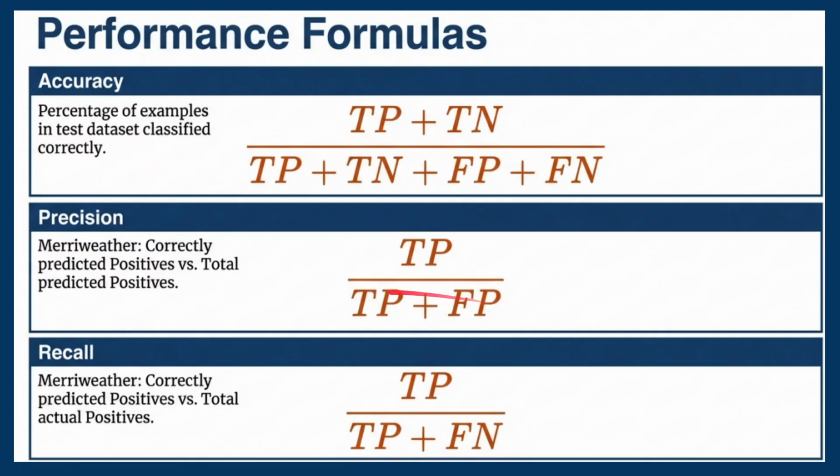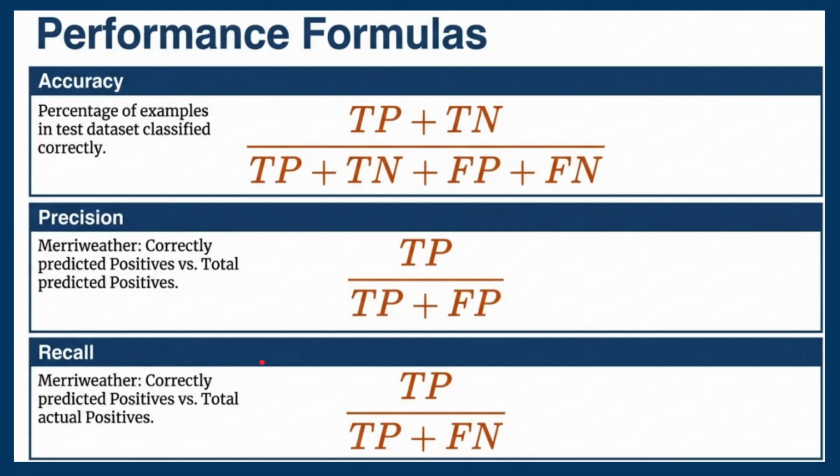That's the precision. And recall is the other one, where the denominator is total positive plus false negative. This is the recall factor. So if accuracy alone may not support the model, we have to look at the precision as well as the recall factor also.